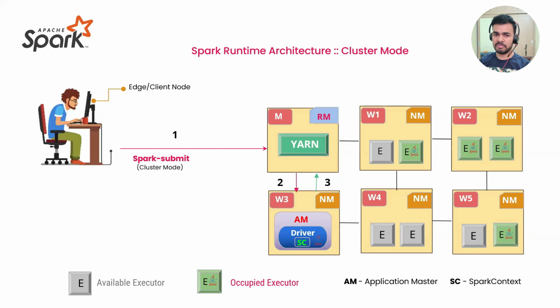The moment I give that instruction, it goes to the Spark YARN cluster manager. Here again I will take the same hotel example. If you visit a hotel, you don't go directly inside the rooms, right? First time when you go to the hotel, to whom do you go to get a room?